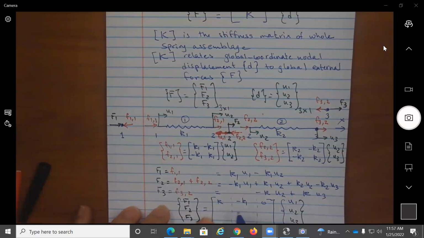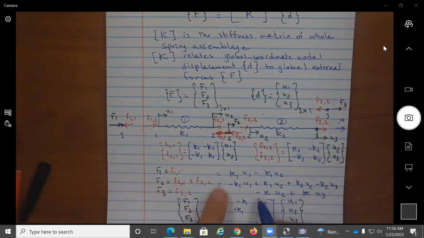On line 2, for F2, I have a minus K1 U1. I have a plus K1 U2. And I also have a K2 times U2. So within this column, for element 2, 2, I'm going to add a plus K2 U2. And then I have a minus K2 times U3.